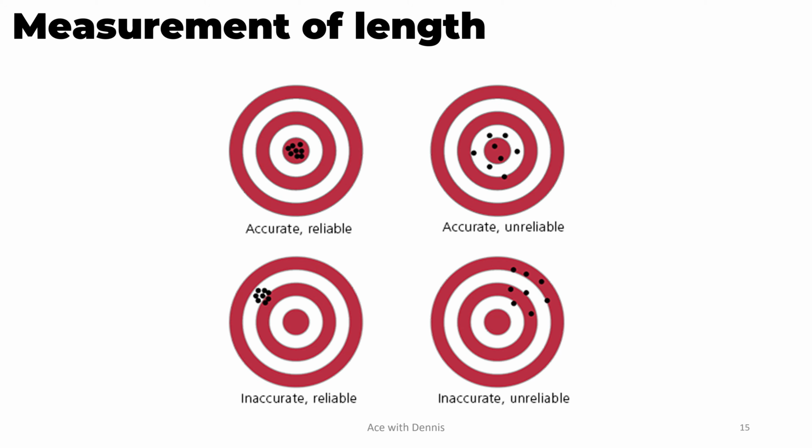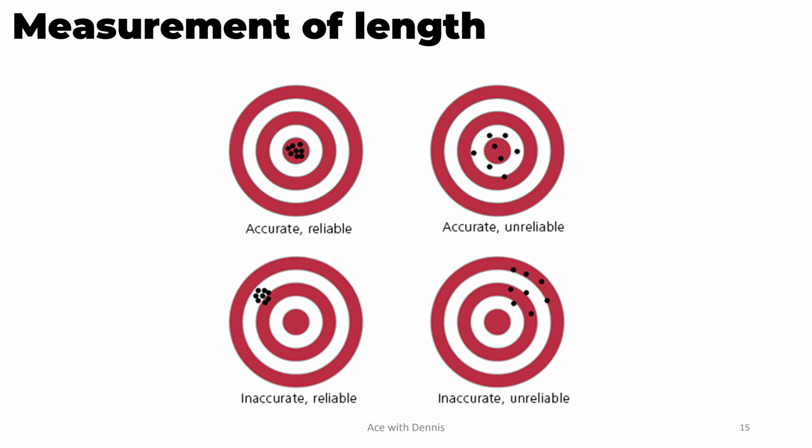When it is very close to the actual value, it will be in the bullseye. Each dot here represents one measurement. So they are very close to each other, then they are reliable. And all the points are at the bullseye, then they are accurate.